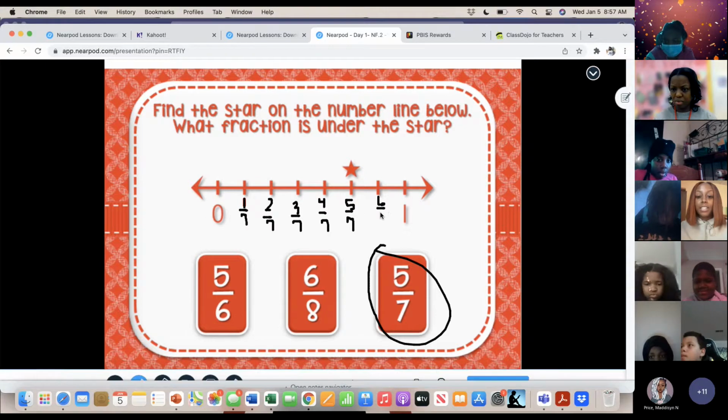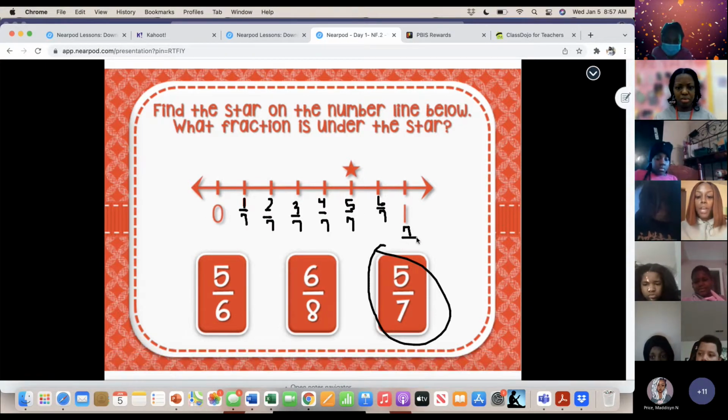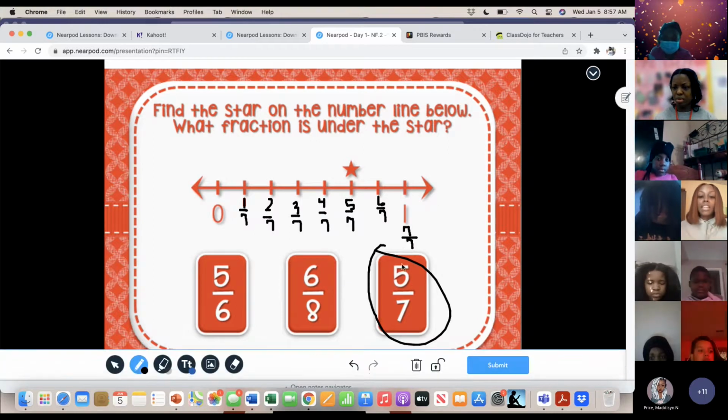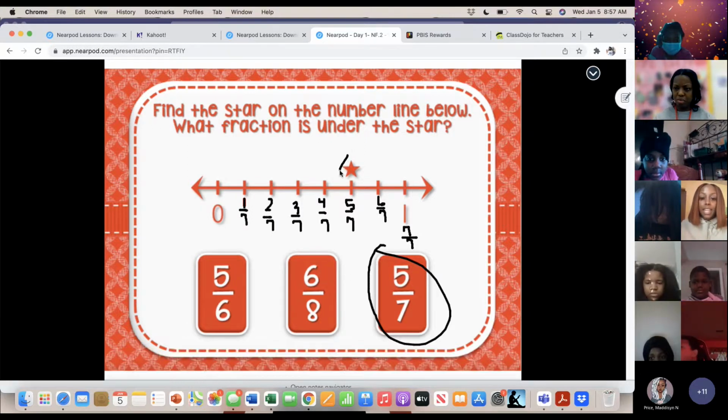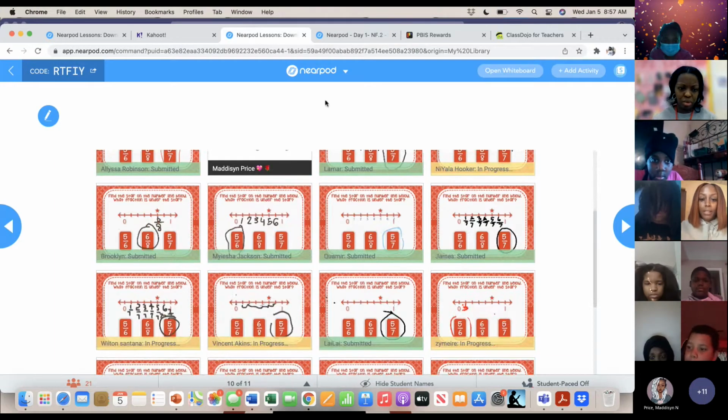And then 7/7 would equal that 1 whole. Anytime that we have the same number as the numerator and the denominator, that equals 1 whole. Perfect job. And yes, that star falls right on 5/7. Great job to everybody that I saw got that correct.